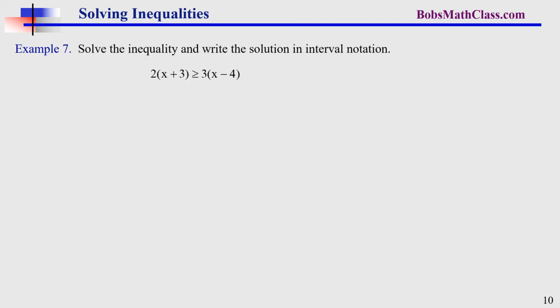Okay, here's another one. Very similar to the equations, right? You have to distribute to get rid of the parentheses and then get x by itself. Do not put an equal sign. Just keep bringing the inequality sign down in the same direction unless you divide by a negative or multiply by a negative.